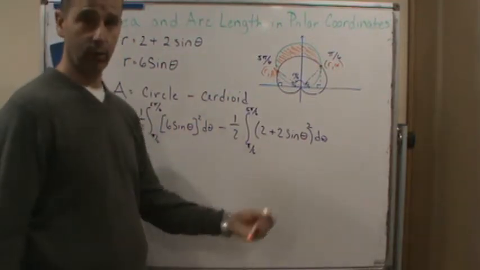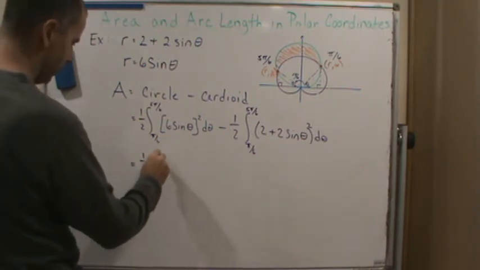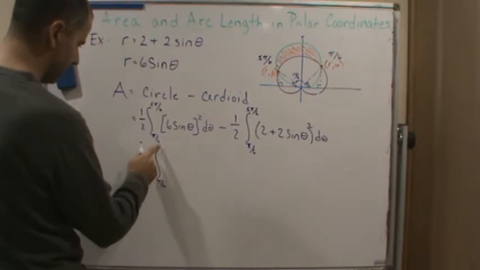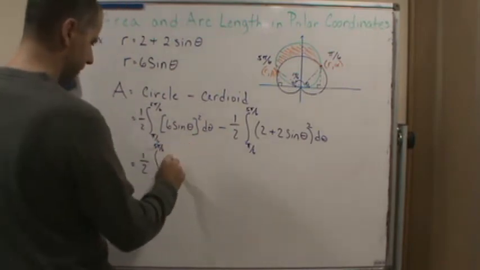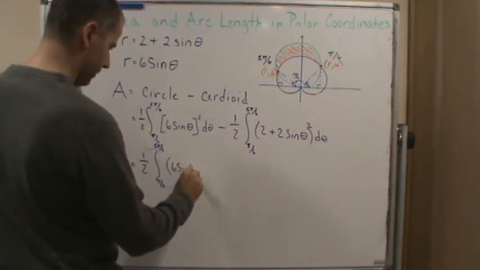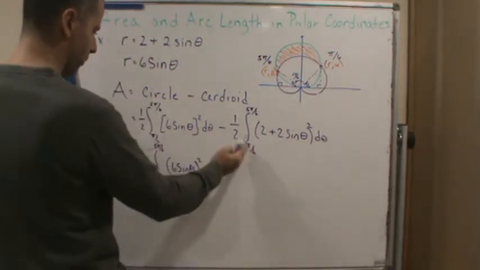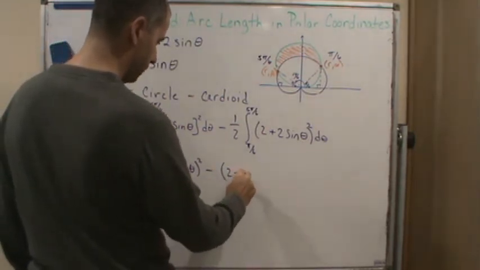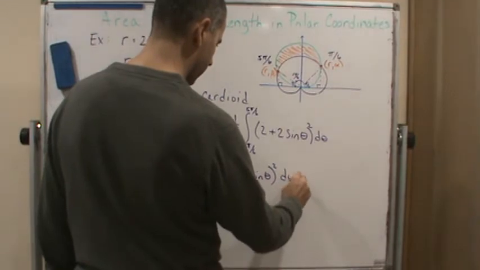I can also write this as one integral, which is what I'm going to do right now. So this is going to be 1/2 the integral from pi over 6 to 5 pi over 6 of this minus, so again, I'm just pulling the 1/2 out, pulling the integrals out, and so I'm going to write this as one integral minus 2 plus 2 sine theta quantity squared d theta.